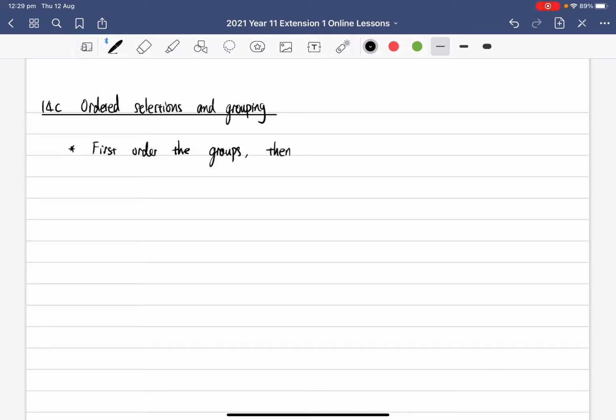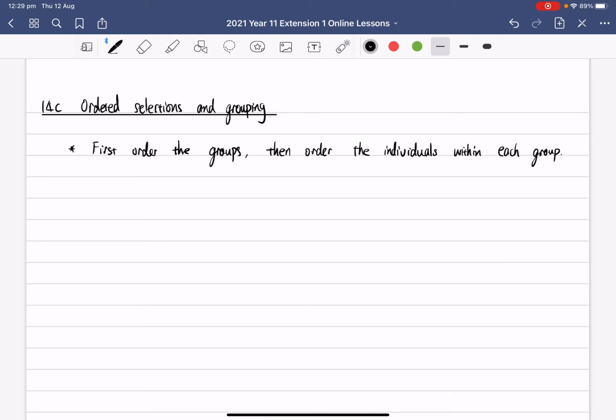This is very similar to last lesson, where I combined two or three individuals as one single group and talked about the permutation if we treat them as a single group. Once we finish that, we order the individuals within each group. So that's the idea.